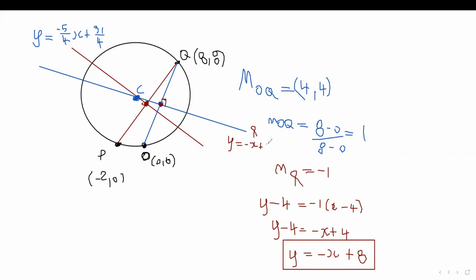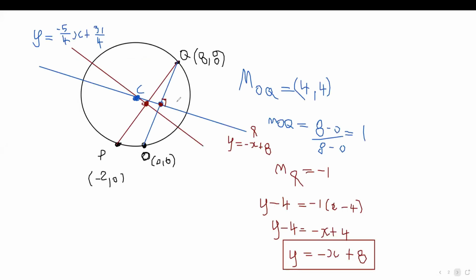All right, nice. After we have this line, what do we know? We know that this line and this line intersect at the center of the circle. So solving them simultaneously will give us the center of the circle. We have the two equations: 4y is equal to minus 5x plus 31, and y is equal to minus x plus 8.